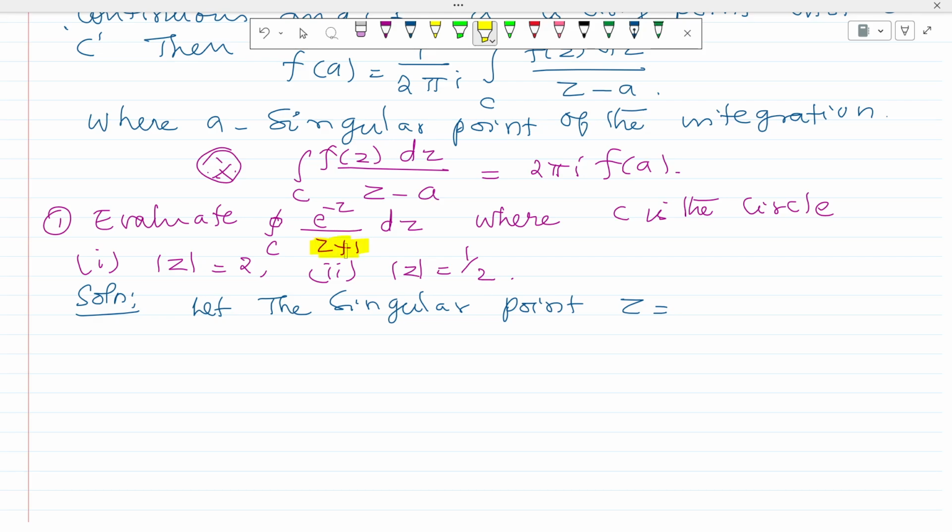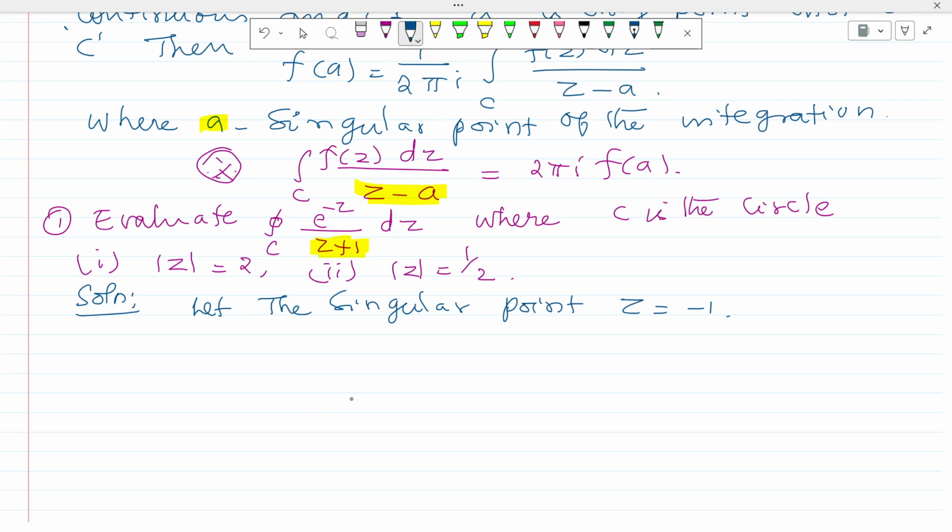For that z plus 1, you can compare with z minus a. So what is the singular point? a is the singular point. So what will you get? Minus 1. z equal to minus 1 is a singular point. Is it clear? Okay, fine.